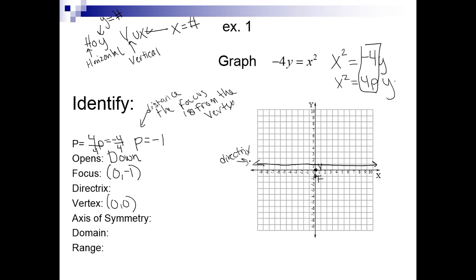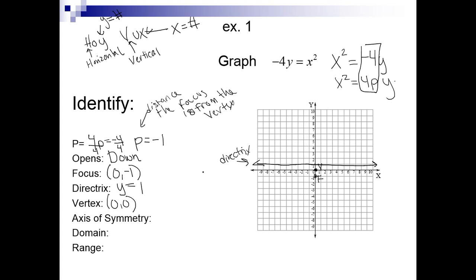So I have a horizontal line, so I'm going to have y equals some number. So y needs to be equal to the number it's going through, which is 1. So my directrix must be y equals positive 1.